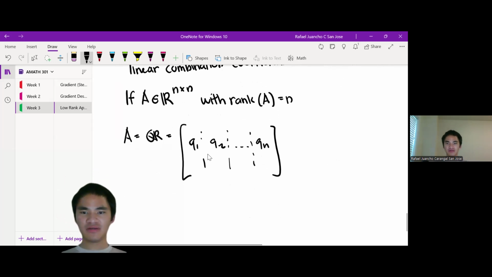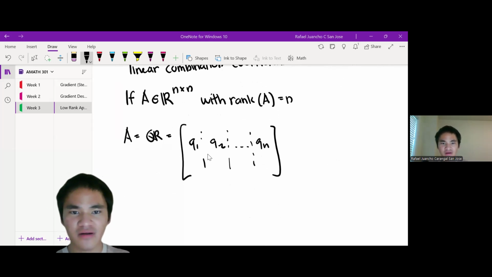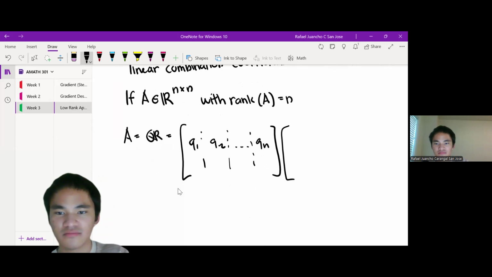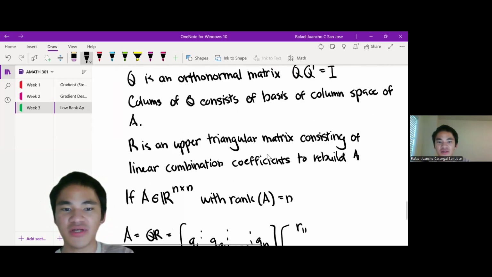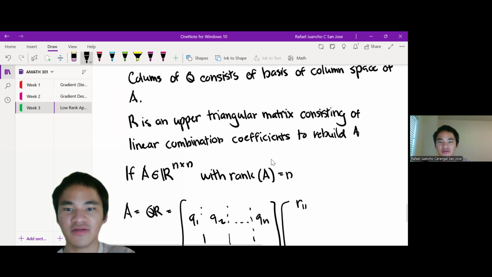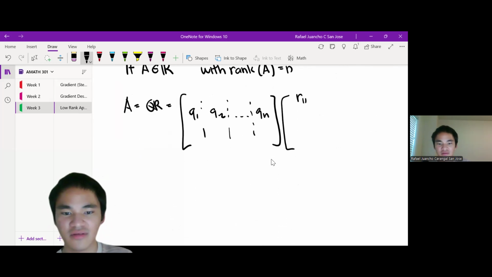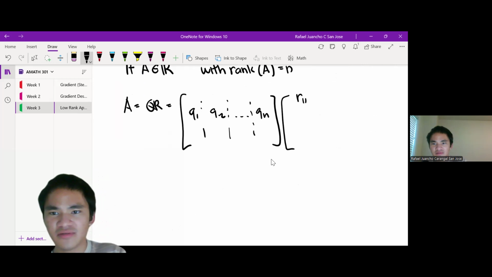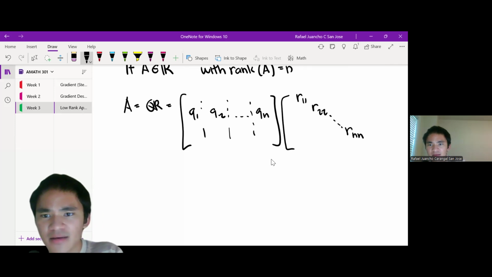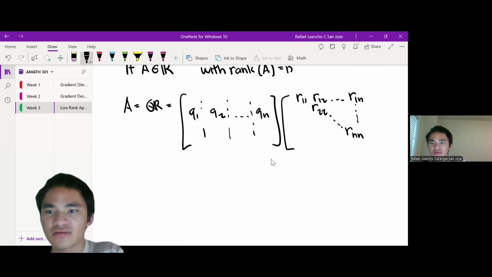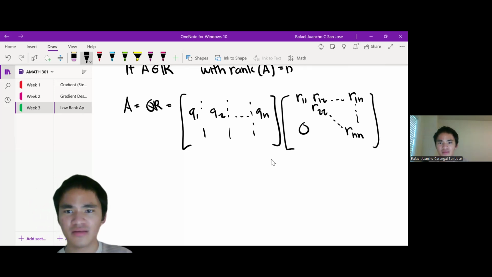And then from there, we have R. So R here is an upper triangular matrix consisting of linear combination coefficients to rebuild A. So this is basically an upper triangular matrix. Let's go all the way to n. R12 all the way to R1n, 0, right?